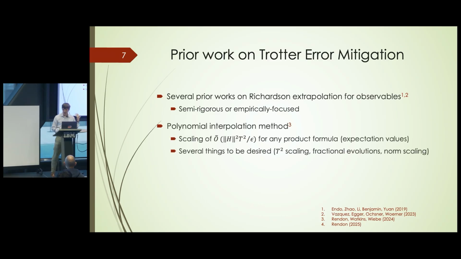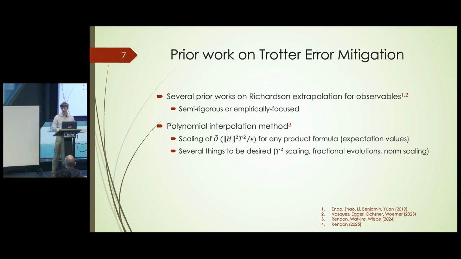I already mentioned the polynomial interpolation method. We did provide rigorous query complexity scaling there. But focusing on the expectation value calculation, we were not able to get exactly the results we wanted or expected, even though we showed the reductions in Trotter error, leading to better scaling in epsilon to approach Heisenberg limited precision.